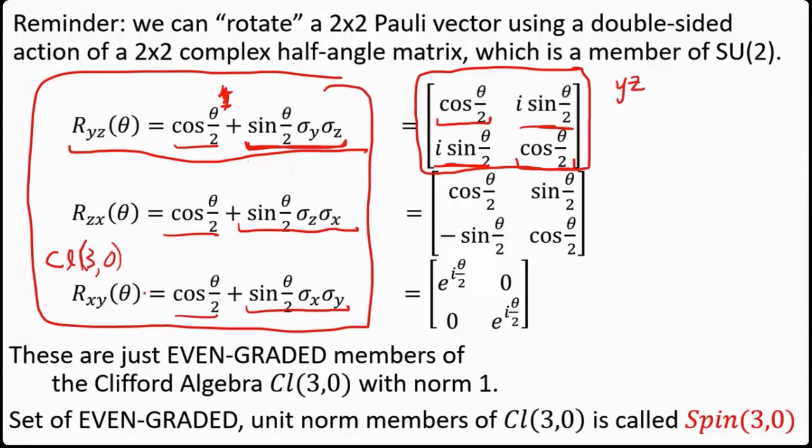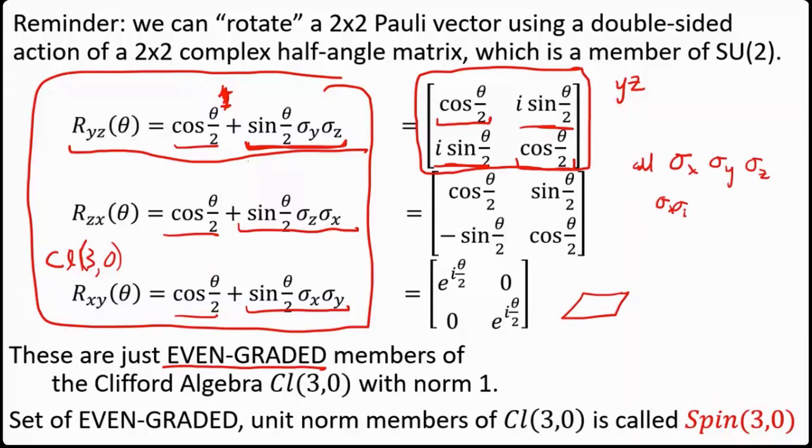You can think about those as basically vectors lying in the corresponding bivector plane. Like sigma x, sigma y will be the xy plane. When I say even graded, I mean sigma x, sigma y, sigma z are odd.